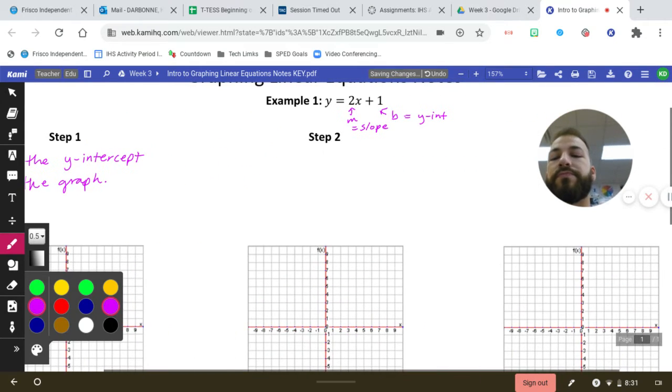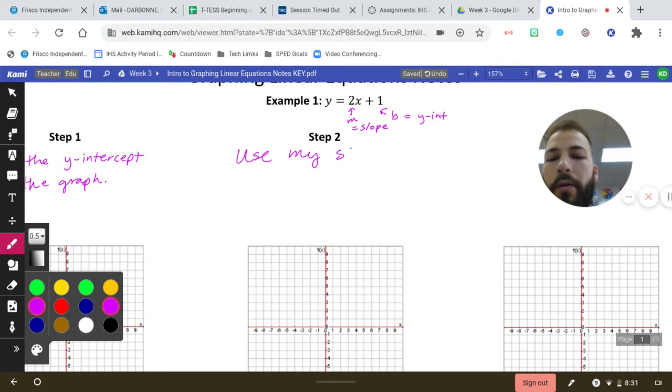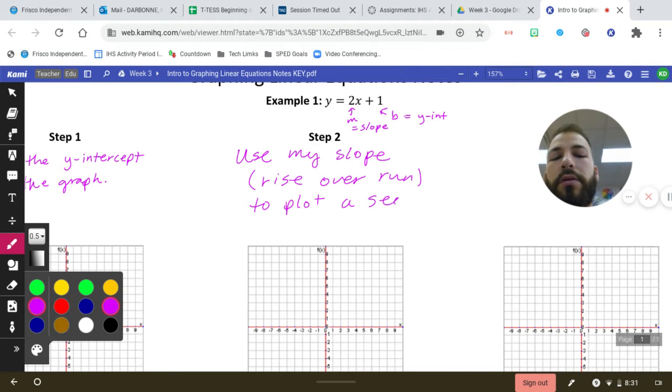Step 2 is that I'm going to use my slope. Remember, our slope is composed of rise over run to plot a second point.